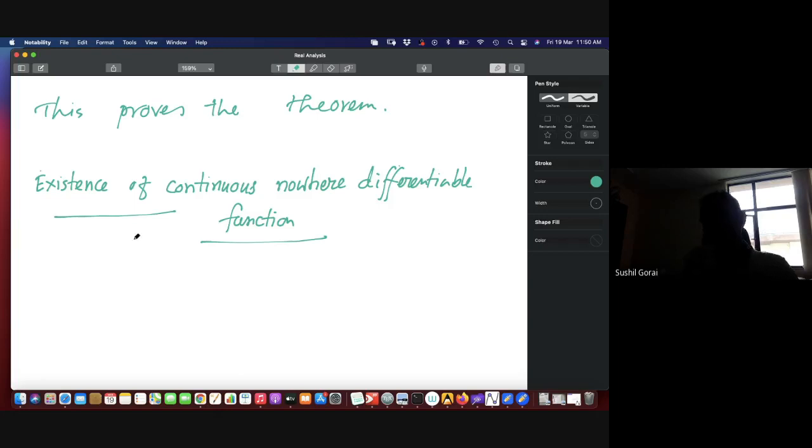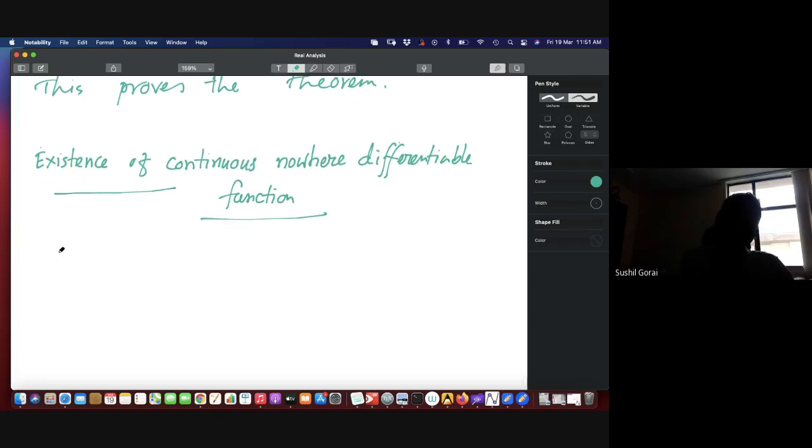So what do you mean? This is to find a function which is continuous on the whole of R but differentiable at no point. And these functions are quite big. I mean, the class of functions of this kind is quite big.